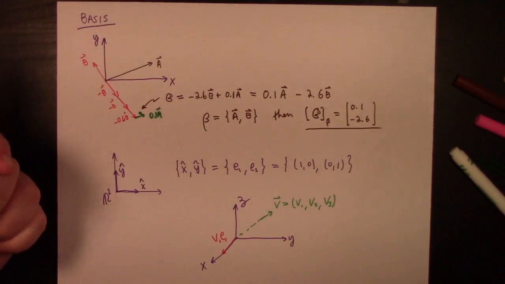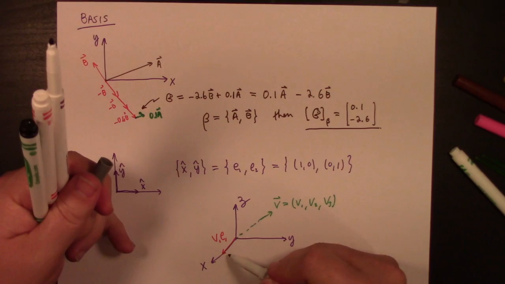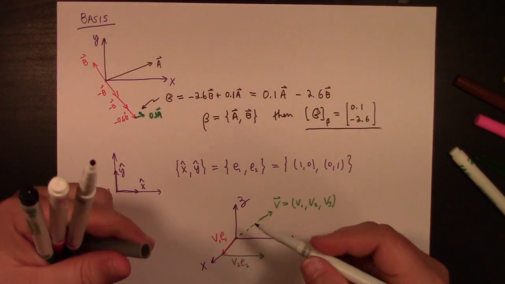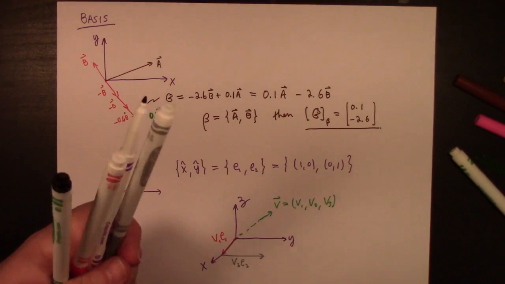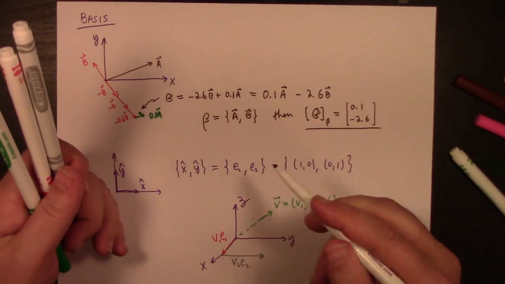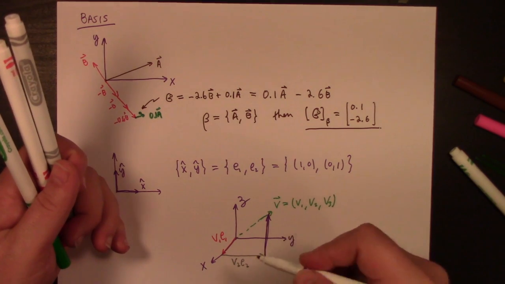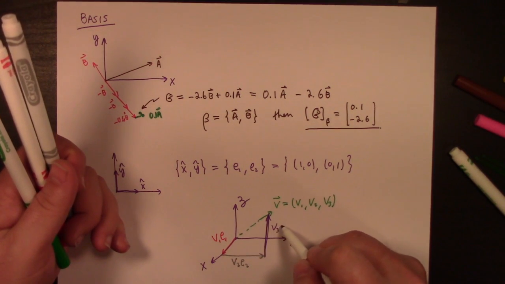I'll use gray. This one, which would be v2 e2, and then, up to the limits of my artistry here, this vertical z-direction one, v3 e3.